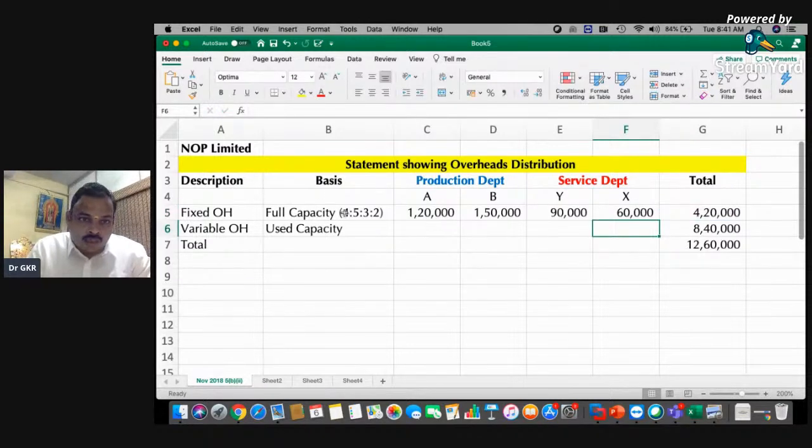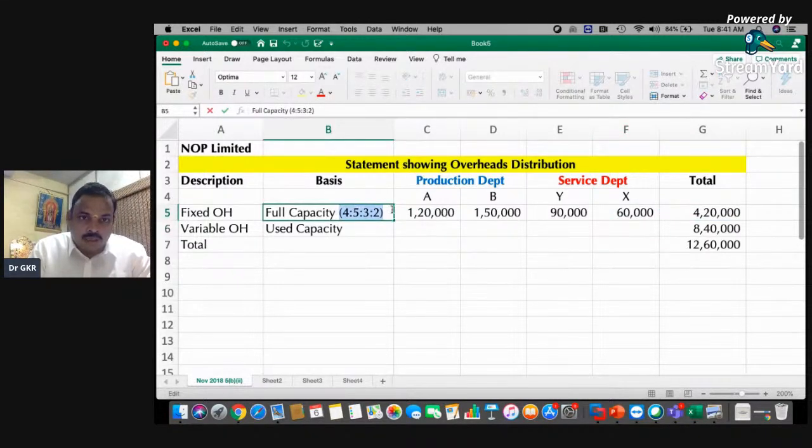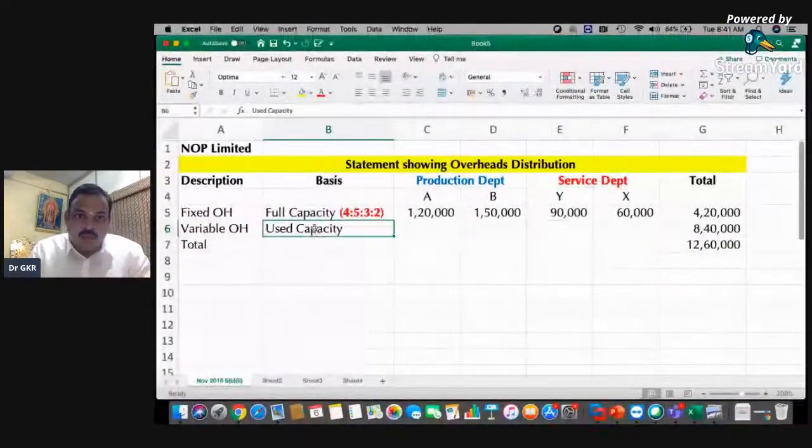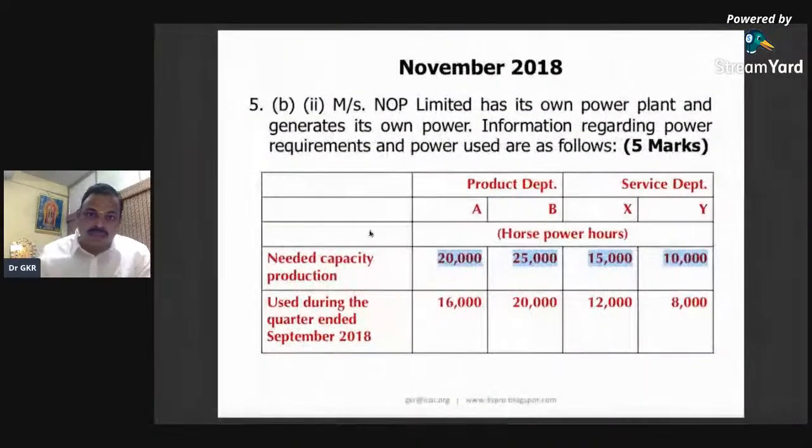From where did you get 14? The total of this ratio. Now, how did I get this ratio, guys? It is the full capacity. Now, what is the used capacity? 16,000. So variable is based on the usage. Fixed, I will distribute based on the capacity.